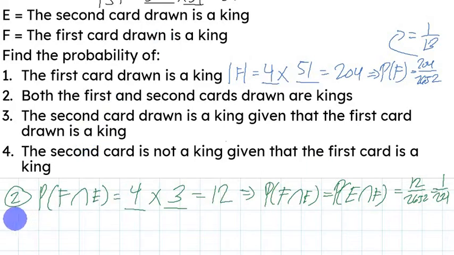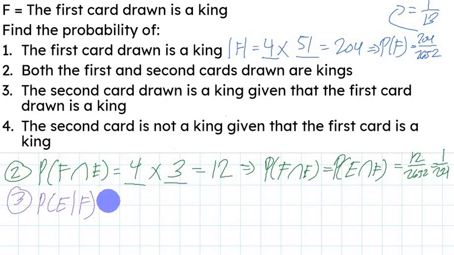Or in symbols, the second card drawn is a king, so that's the probability of E given F, where F already happened. We can solve this probability in two ways. First, we know its formula. The formula would be the probability of E intersection F over the probability of F, which we already solved.